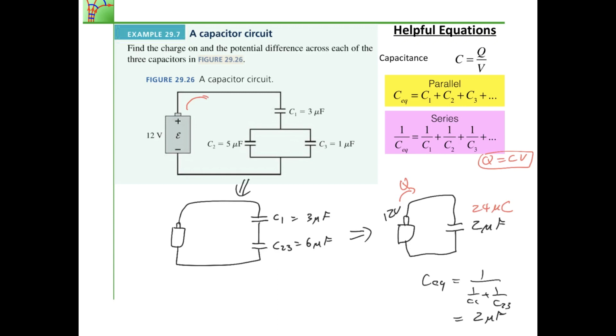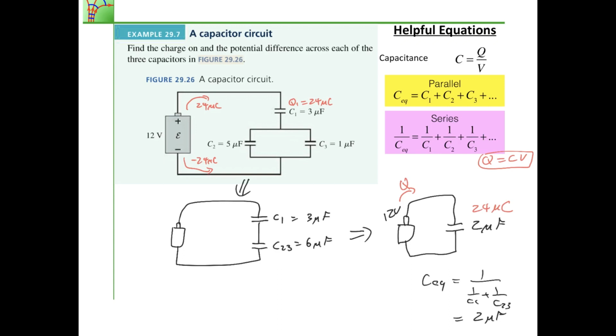We know that 24 microcoulomb comes out of this, so it all has to go here. This is 24 microcoulomb. And the minus 24 microcoulomb comes out here, and it's going to charge these 2, but it's going to split between those 2.